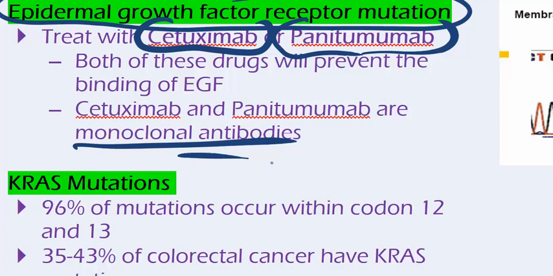So if we have too much of that receptor present, we can just block it. If we block that receptor, then the epidermal growth factor can't bind to it, thus it can't stimulate cell division. Does everyone see that progression?